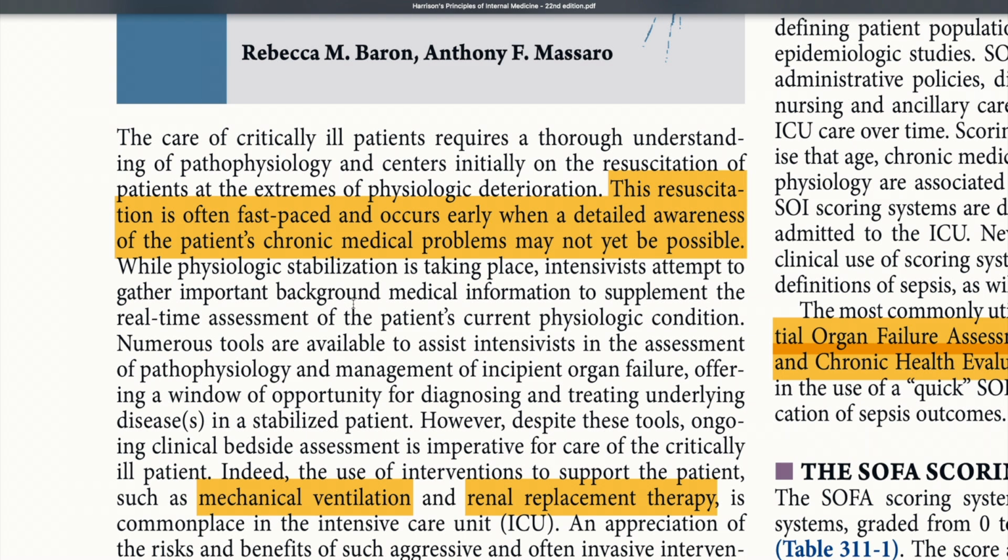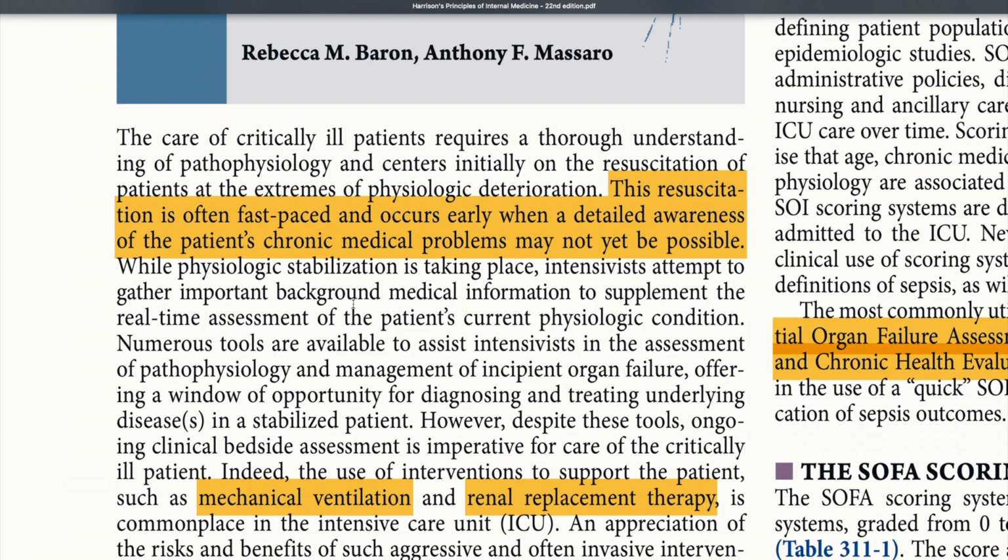Hypoxemia or hypercapnia can be life threatening if not corrected at an early stage. Then we have to check the circulation: pulse, blood pressure, capillary refill time, urinary output, and other circulation related things. If circulation is failing, fluids and vasopressors may be needed.